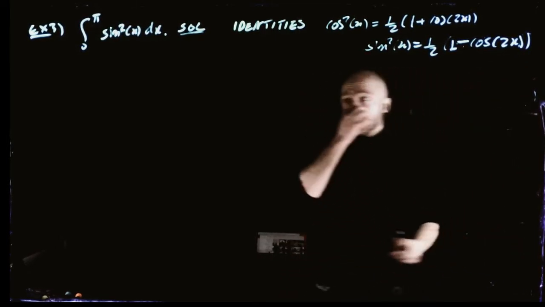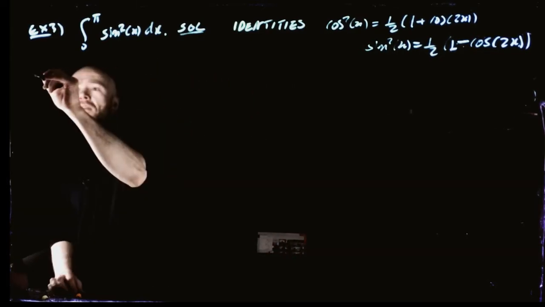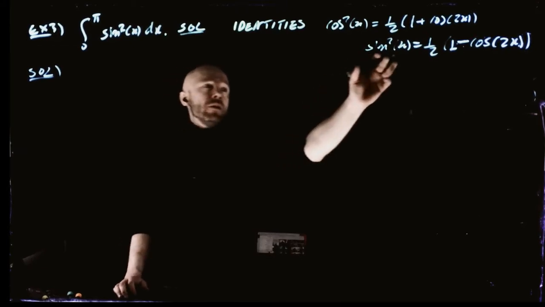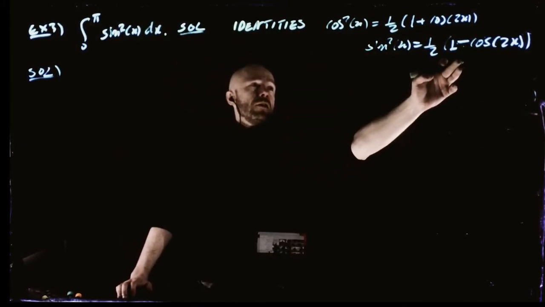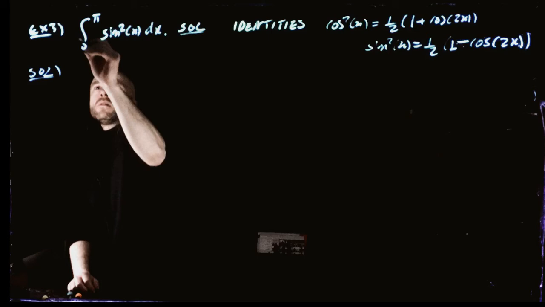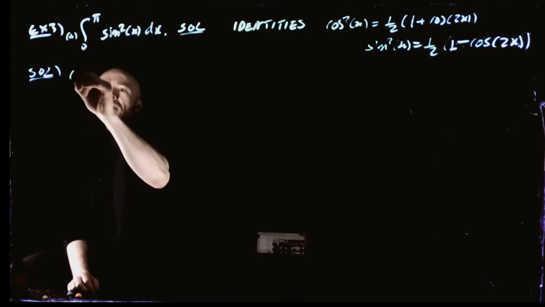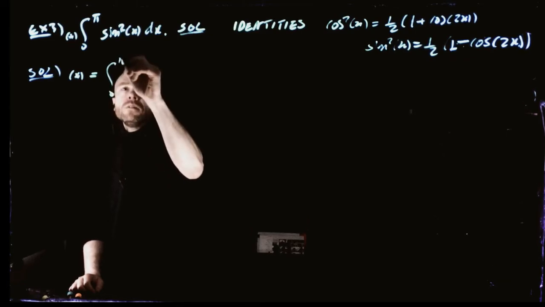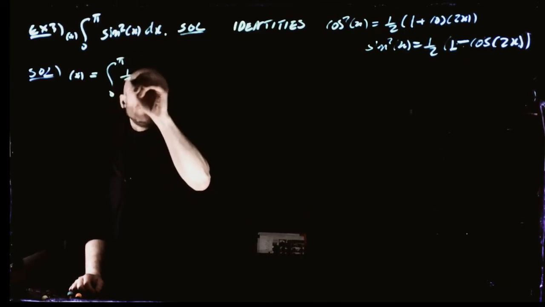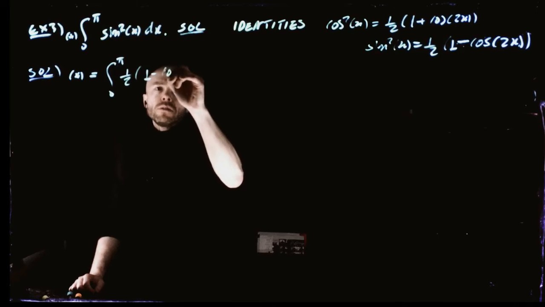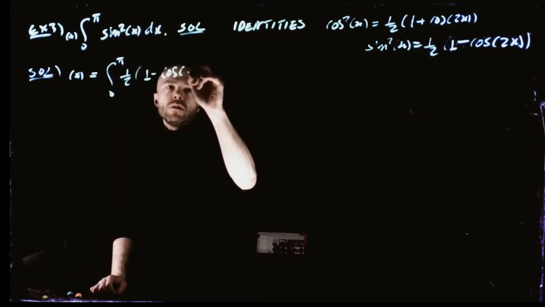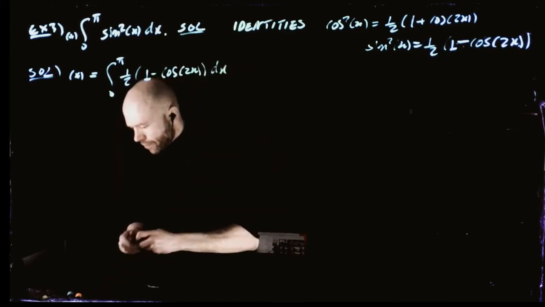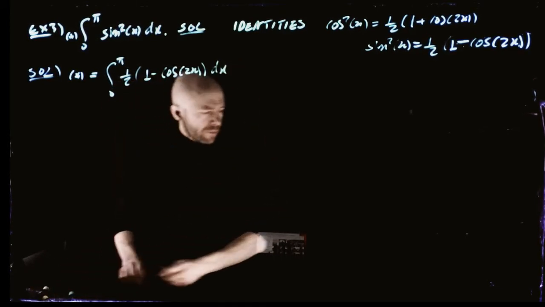With these, we can actually get to work on this thing, which has an even power, because we can turn this thing into this thing right here. So let's call this star. And then star is going to become the integral from 0 to pi of 1 over 2 times (1 minus cosine of 2x) dx.